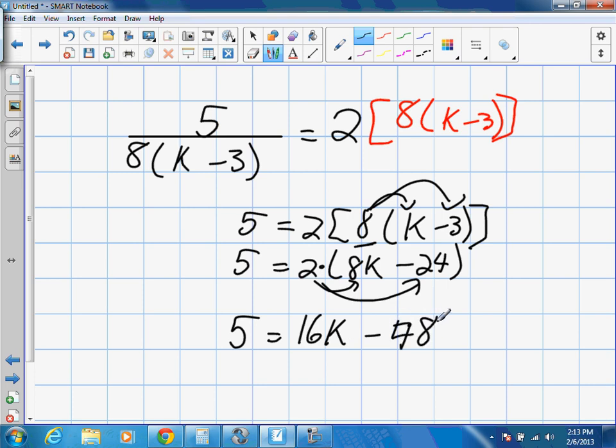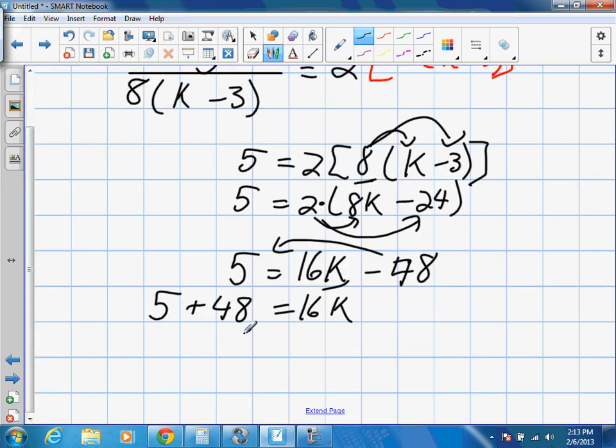Okay? Now, like we did before, we want to get our variable by itself, so I'm going to move the constant to the other side. It will become positive. So we have 5 plus 48 is equal to 16k. 5 plus 48 will give us 53 is equal to 16k. Again, this is 16 times k. So in order to move it over, we have to divide by our 16.